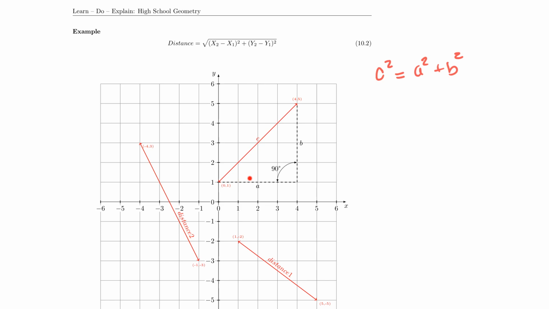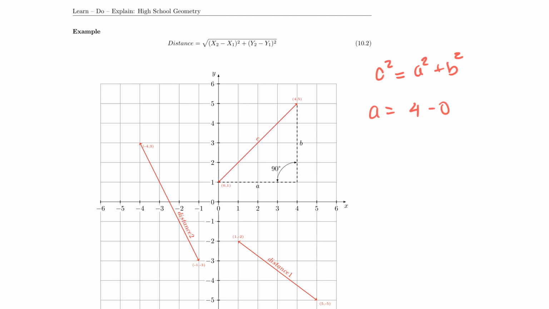We have 1, 2, 3, and 4. How do we know this? We can subtract the x coordinates. So a is equal to 4 minus 0, 4 being the x coordinate of this point and 0 the x coordinate of this point.